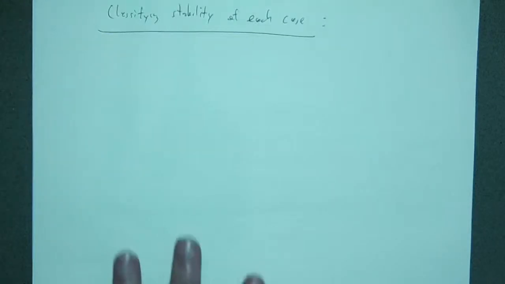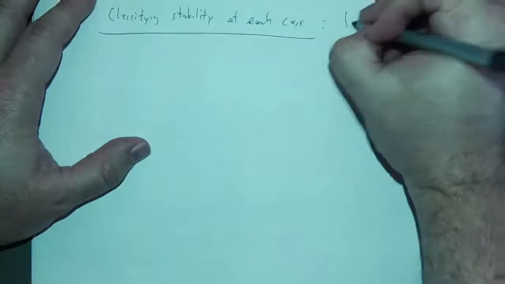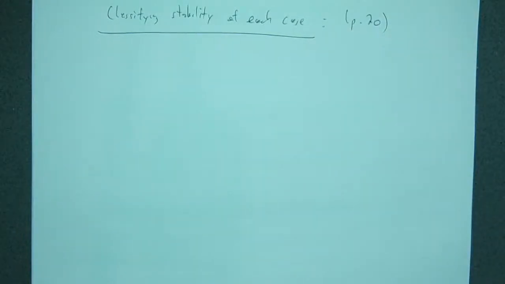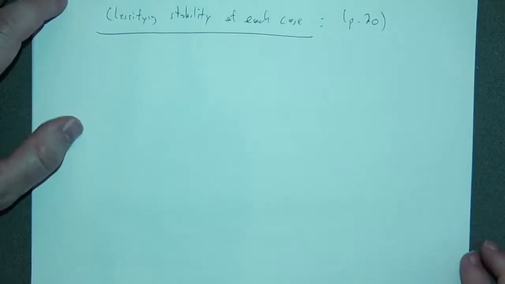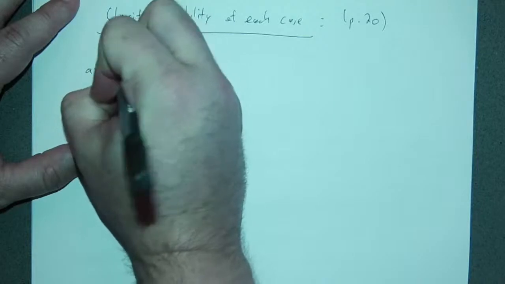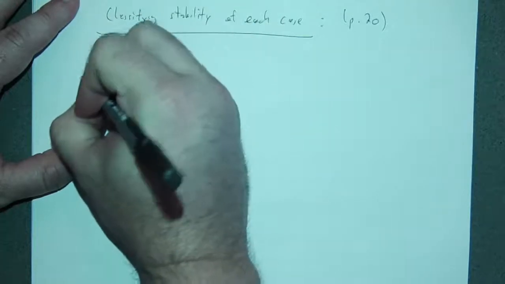So there's a nice table. This is on page 20 in the notes in this section. But we can draw this, or we can list this table pretty easily. So in the first column, we have attracting, so also stable.